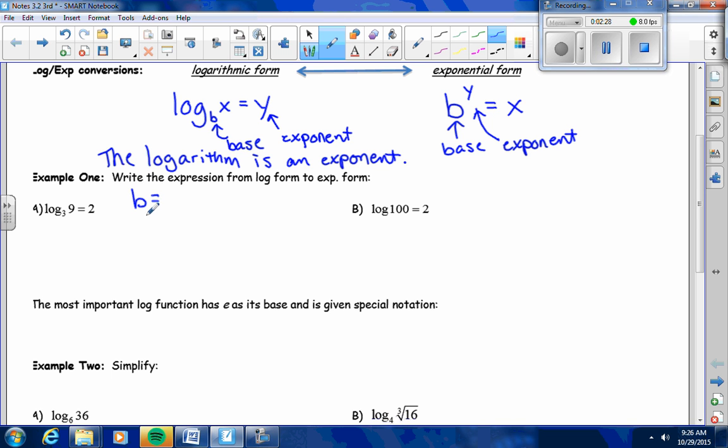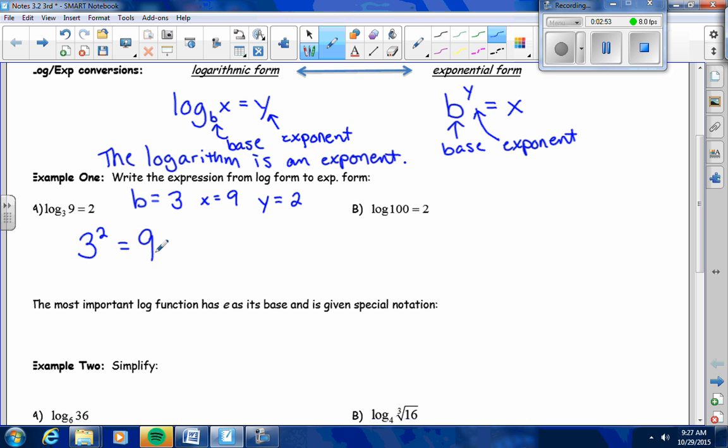B, the base, equals what number? 3. X equals what number? Nope, careful. What's x in this form right here? 9. And what is y? 2. Okay, so now when we write it in exponential form, it's the base of 3 raised to the exponent y, which is 2, equals the x value, 9.